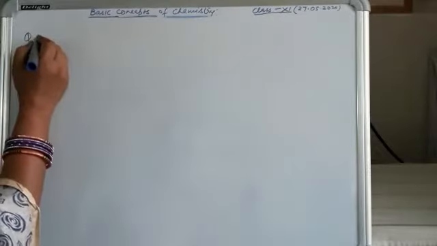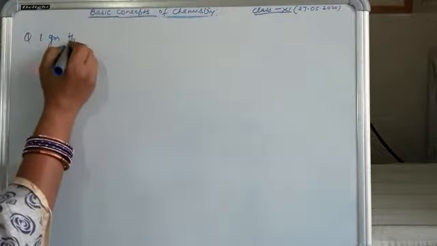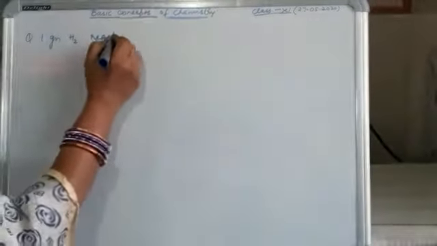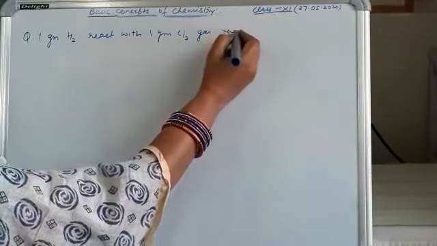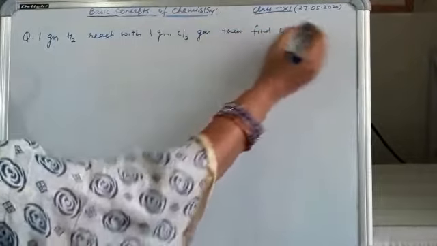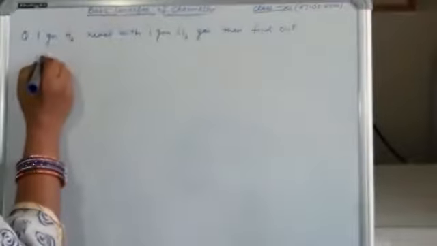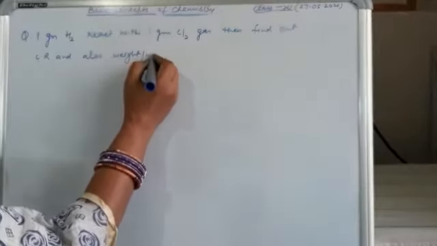Now the next question. If 1 gram hydrogen reacts with 1 gram chlorine gas, then find out the limiting reagent and also the weight of product.